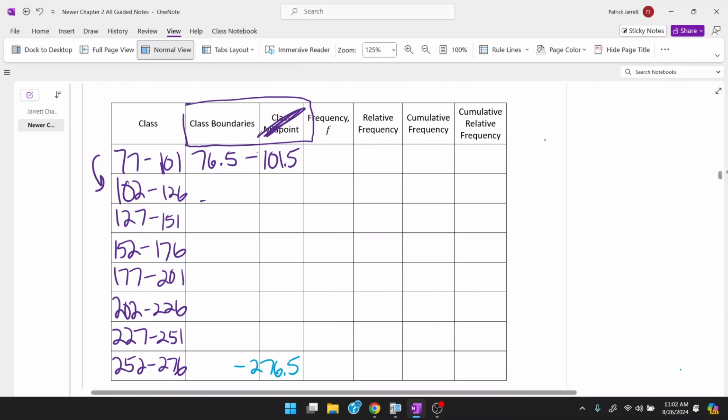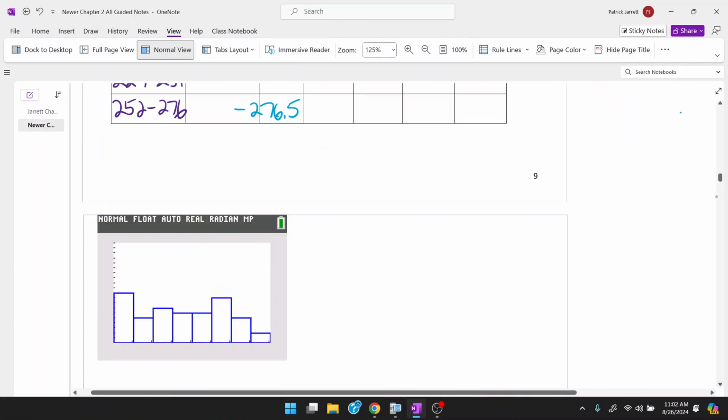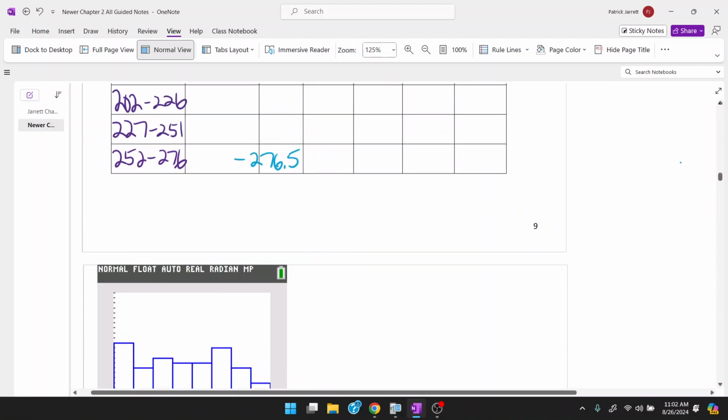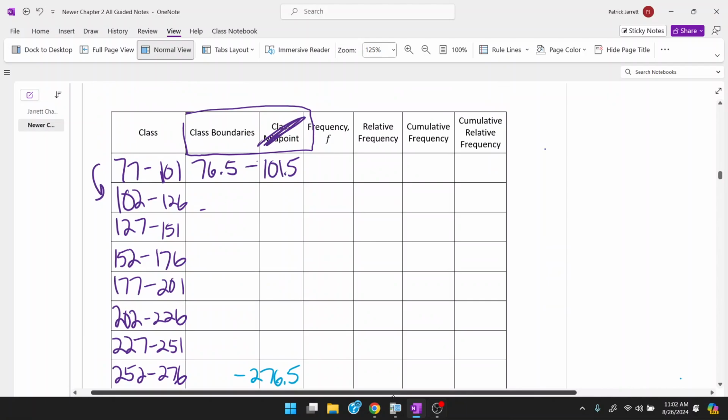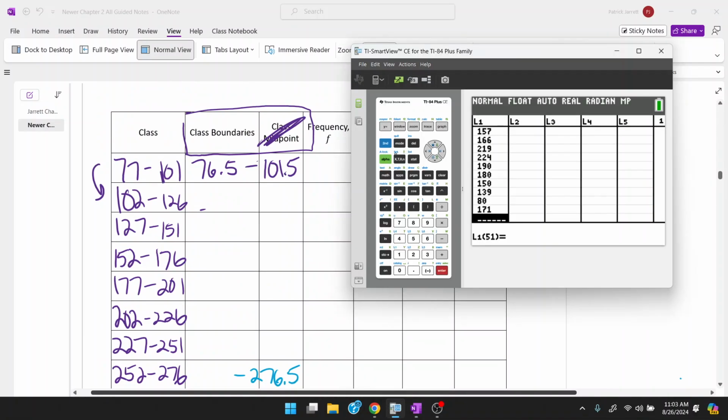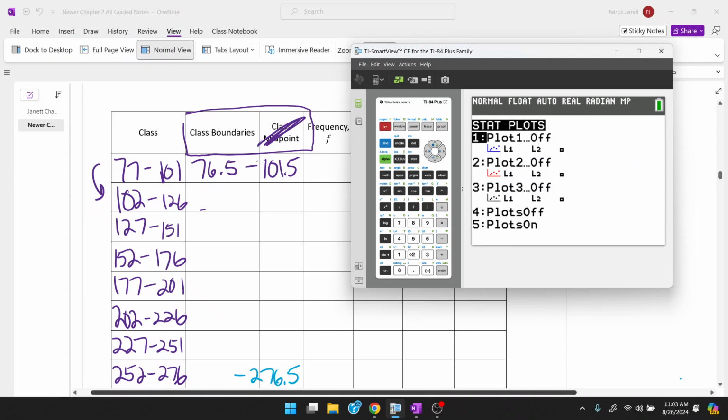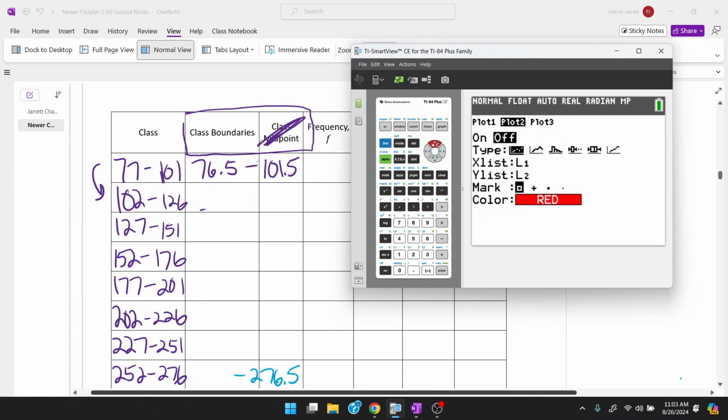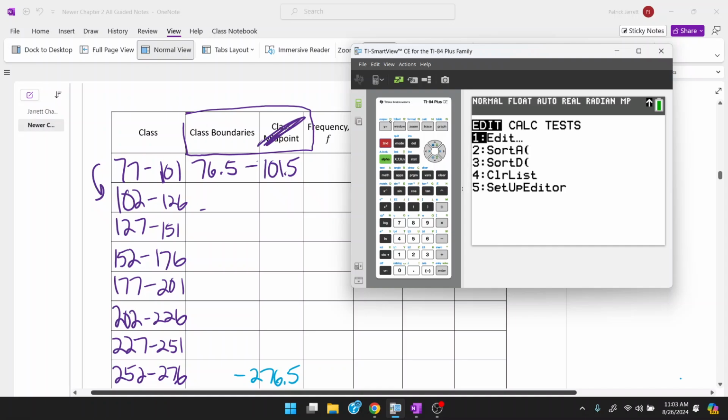So when we do that, we kind of got our histogram this way, but we didn't actually fill in the frequencies. So since I entered this into list number 1, I can go to plot 1 by hitting second and y equals. And I want to turn that to a histogram.